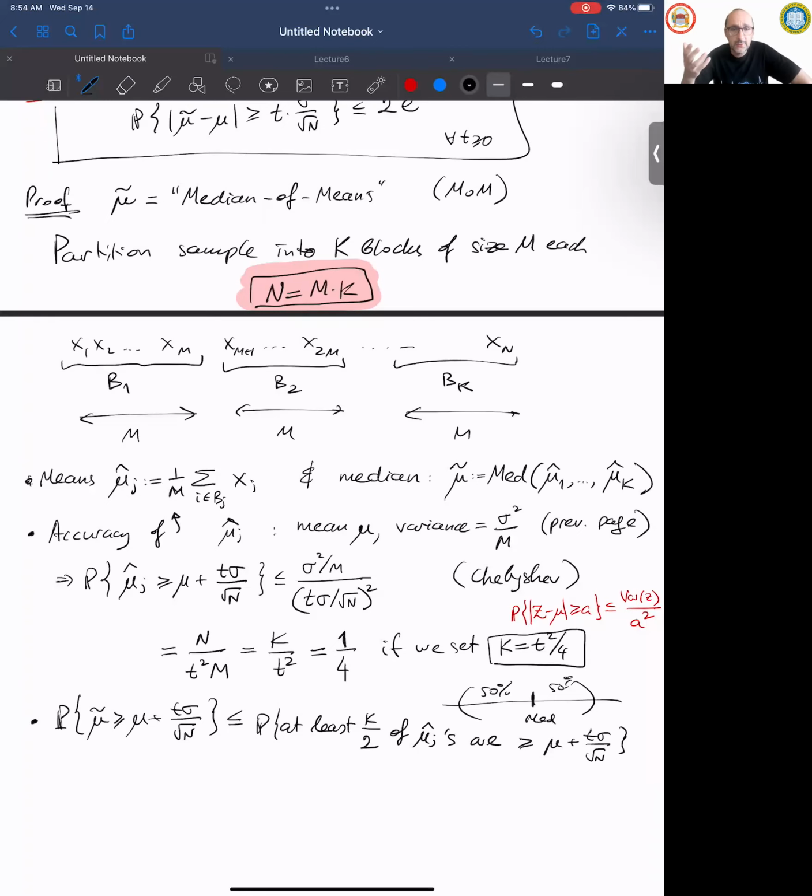If I say that the median of the salary is larger than 30,000, that means that at least 50% of the people earn more than 30,000. That's all I'm saying. If the median is too large, then at least half of them must be too large. That's the definition of the median. This is because this is a median of the mu j's. Perfect.